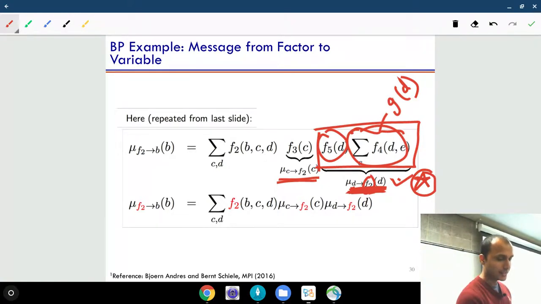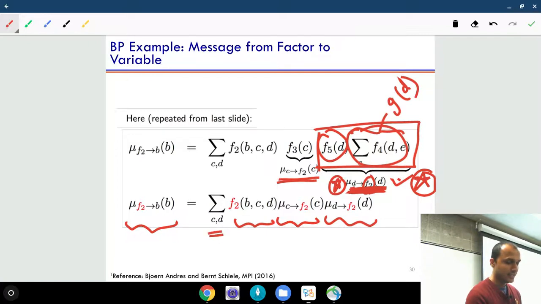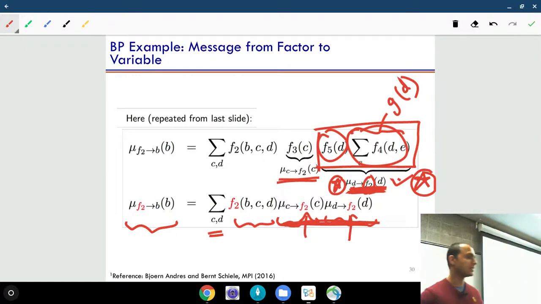The reason I wanted to put these loaded symbols is that then I can have a product like this. The message that went from F2 to B, to the left-hand side, is a sum of the product of a couple of messages that F2 itself got. So remember, there is a right-hand side F2 here.